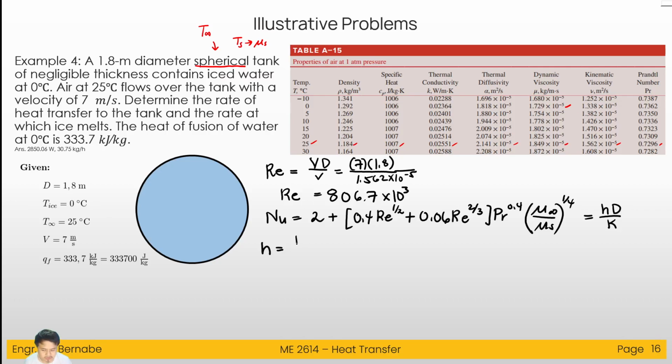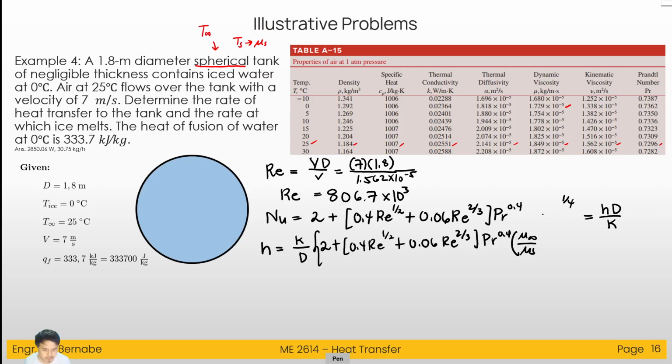So h is equal to k over D multiplied by this: 2 plus 0.4 Re to the 1/2 plus 0.06 Re to the 2/3, and then the Prandtl number to 0.4 times the ratio of their dynamic viscosities. I need to make things a little bit smaller. Okay, I think that's it to find the h here. So you can find h directly.